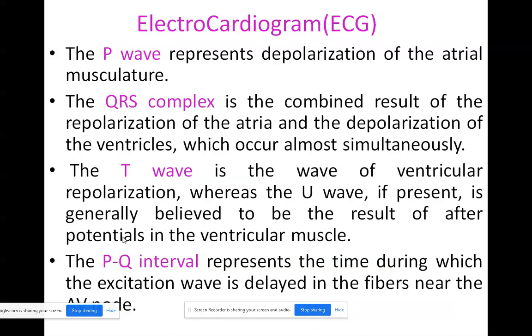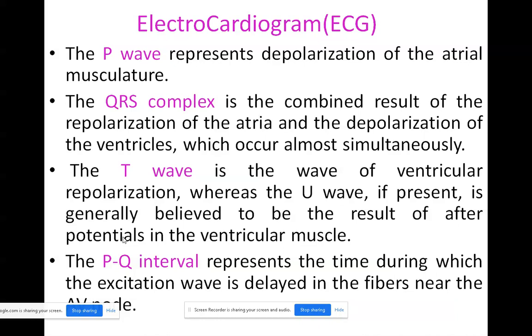Polarization means your cell membrane will reject the sodium ions from entering the cell.